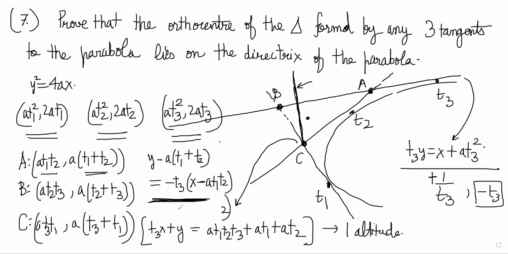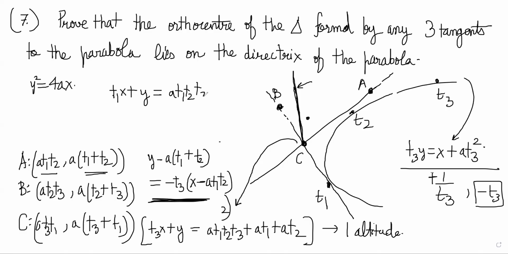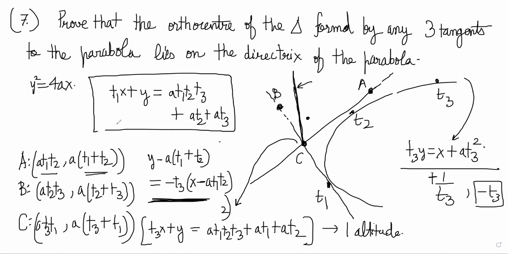I need another altitude equation. You have to repeat the same process, and what you will get, the other altitude equation would be something like this: t1x plus y is equal to at1t2t3 plus at2 plus at3. This will be a second altitude.